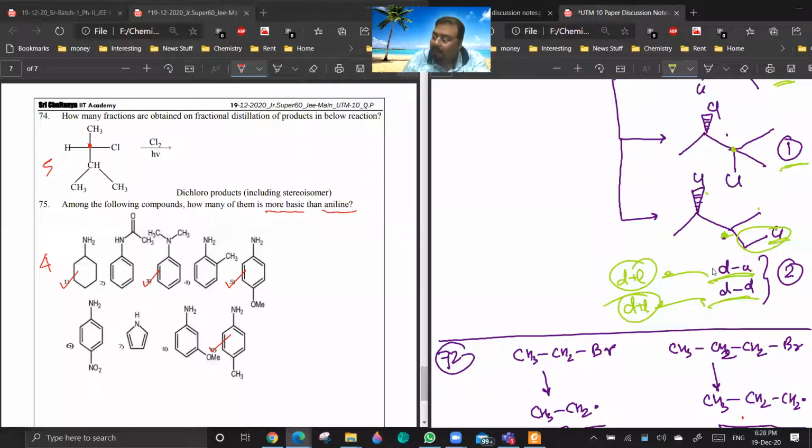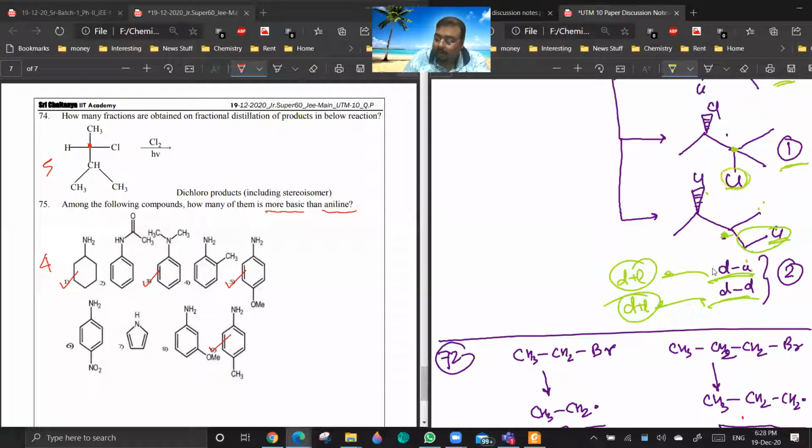See, these two carbons are equivalent, no? The other one, sir, with chlorine. This one? If chlorine is here, it's not a chiral center, no? Can you just show where you're pointing? Which chlorine?